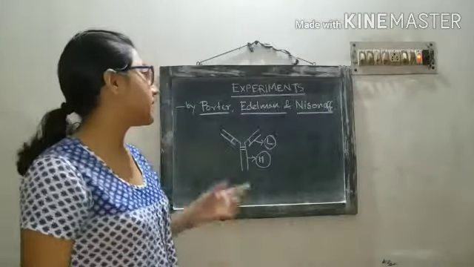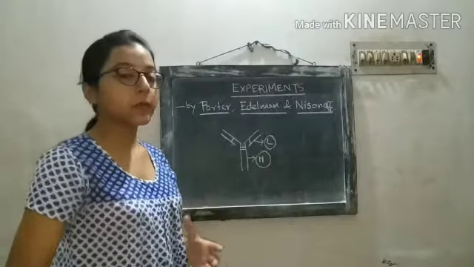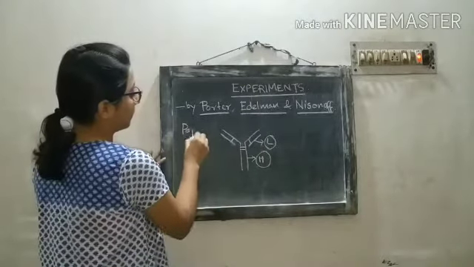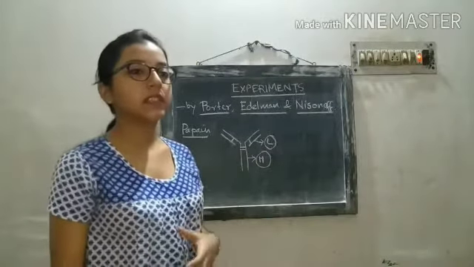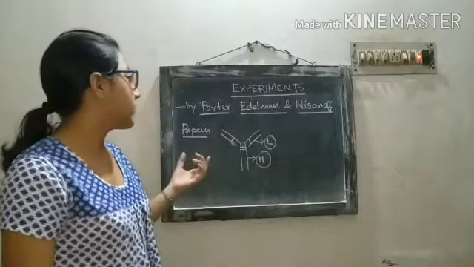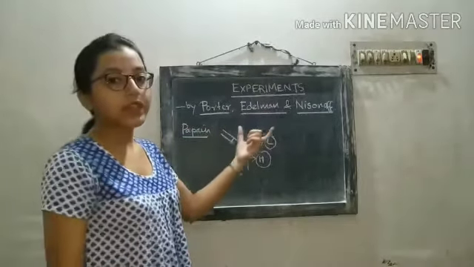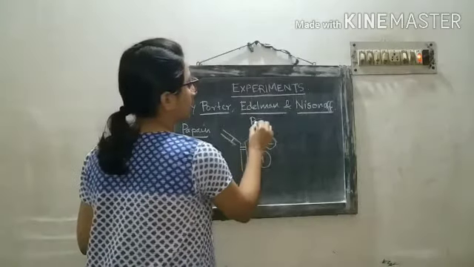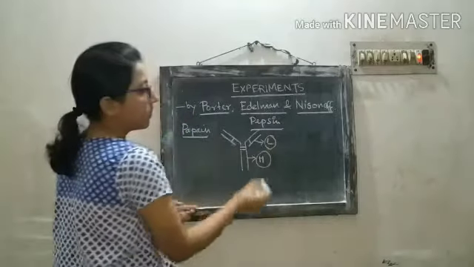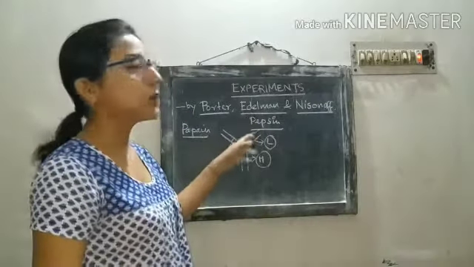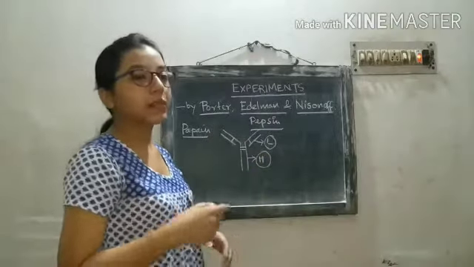In the first case, Porter took papain as protease. Papain is an enzyme which is present in the papaya. After Porter took papain as the protease, Edelman took pepsin as protease, and Nisonov took a reducing agent which is called beta-mercaptoethanol.